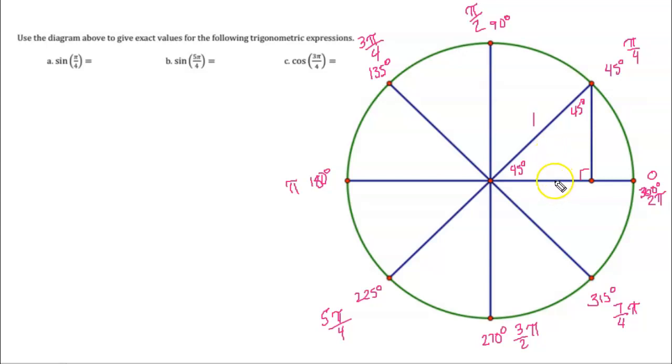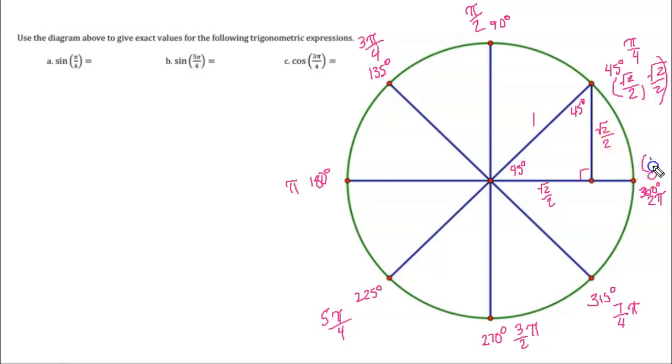So we're going to multiply by the square root of 2 over 2. And 1 times the square root of 2 over 2 is just the square root of 2 over 2. So that gives us our values for this side of the triangle and this side of the triangle, which gives us our coordinate point: square root of 2 over 2, square root of 2 over 2.